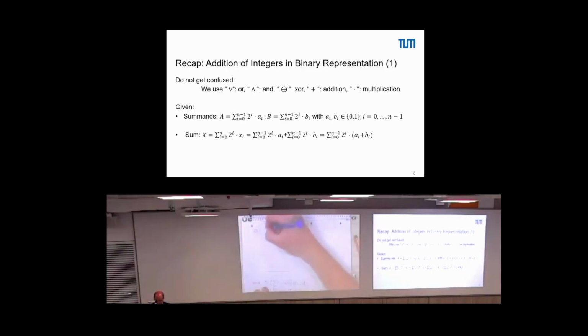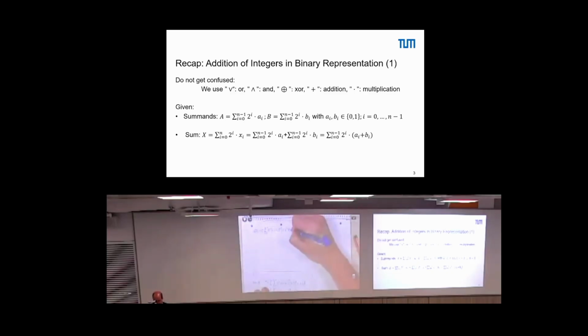We can write this once more as the sum of I equals 3 to n minus 1 to the power of I, AI plus BI plus 2 power of 2.